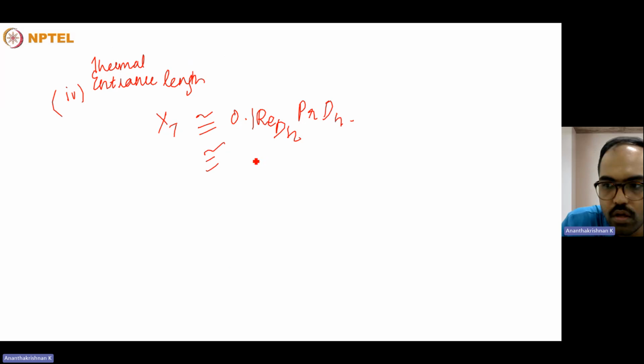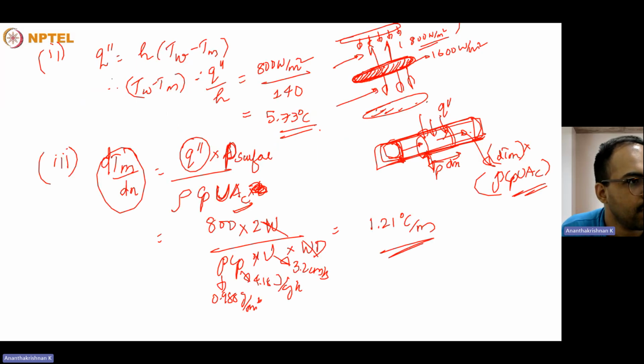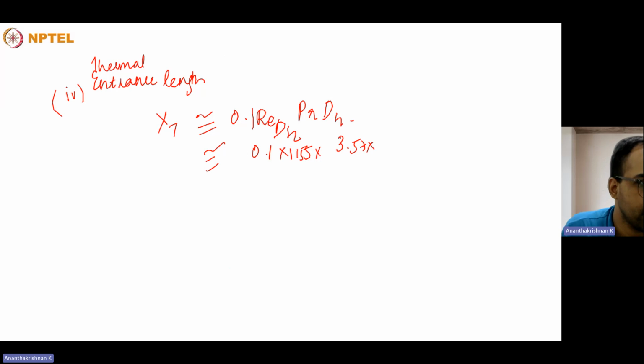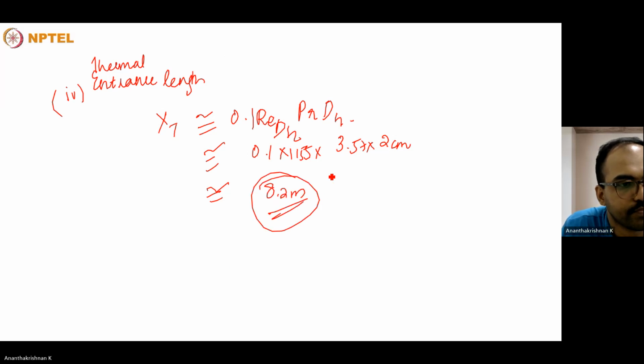So that will be equal to 0.1 into 1155 into the Prandtl number for water, which is 3.57 at this temperature, and the hydraulic diameter is 2 centimeters. That will give the value of 8.2 meters. So that is the entrance length.